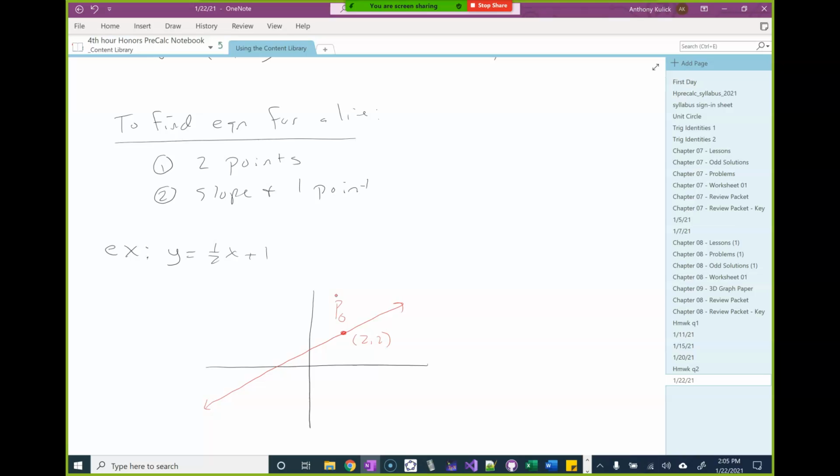Now, to describe this line, we need this point, and then we need a direction vector in the same direction as this line. Everybody's okay with that idea? So to describe this line using a vector, if you know a point and you know the direction, you can start the vector at that point and extend all the way, and you have the line.